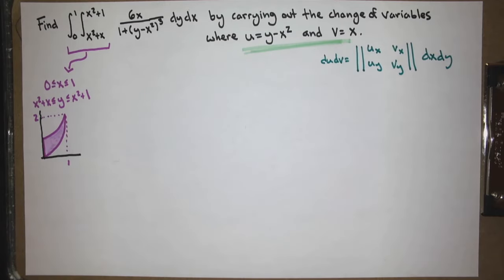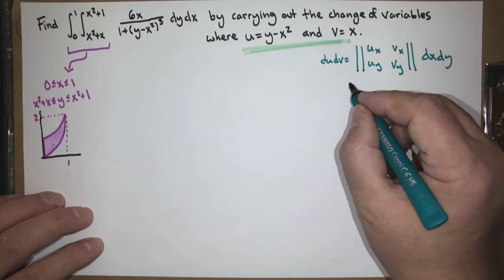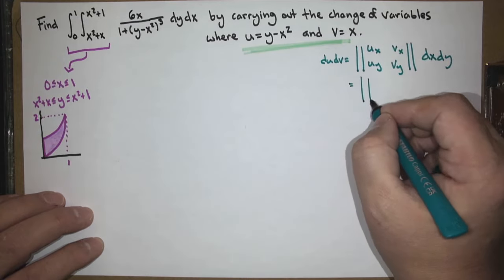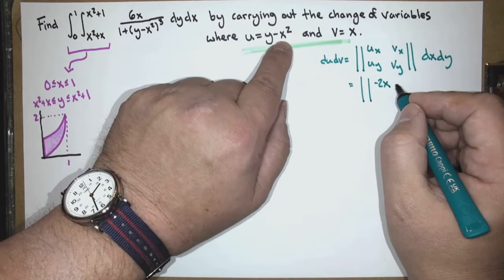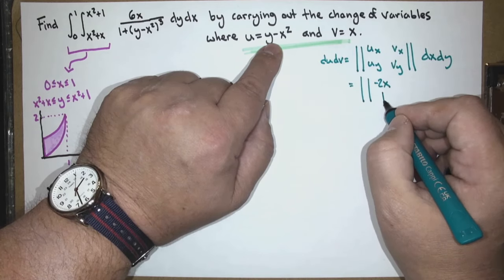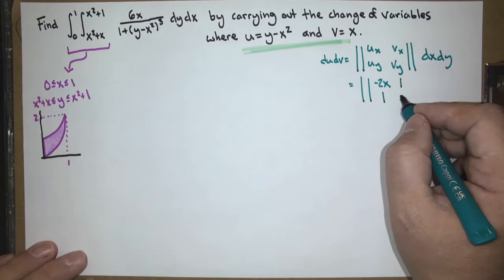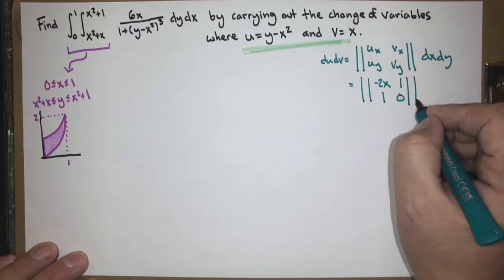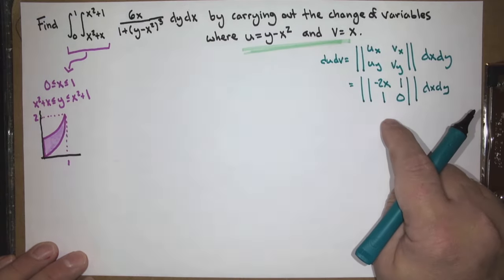So we need to take these partial derivatives. What is u sub x? It's minus 2x. U sub y, 1. V sub x, 1. V sub y, 0. If you take this determinant, what do you get?